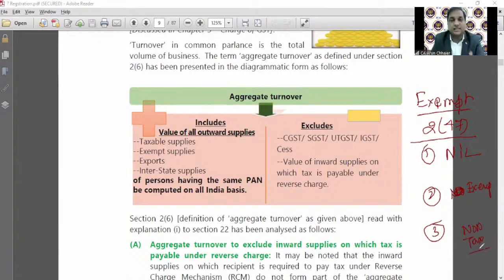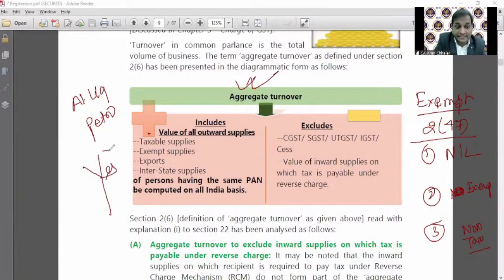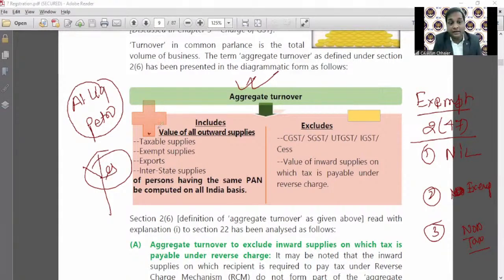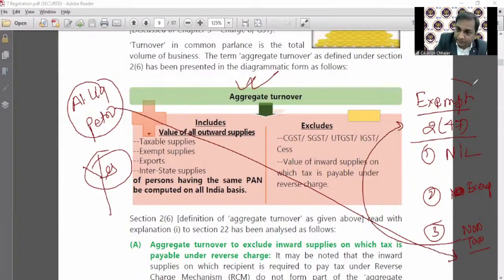My question is whether alcoholic liquor, petrol would be added in the aggregate turnover. Answer would be yes. Why yes? Because these transactions are non-taxable supplies, and non-taxable supply is an exempt supply. Therefore, it has to be added in the aggregate turnover.